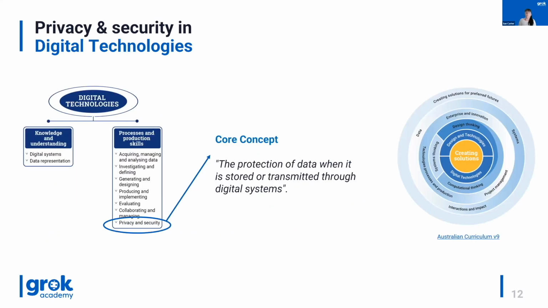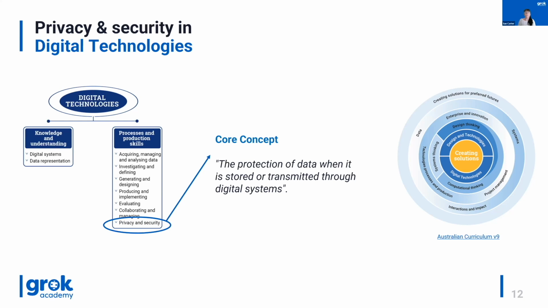When we delve a bit deeper into the curriculum, we find that privacy and security is a new core concept in version 9 of the Australian curriculum. It is specific to digital technologies and is a substrand of the processes and production skills. Here, it is focused on the protection of data when it is stored or transmitted through digital systems.